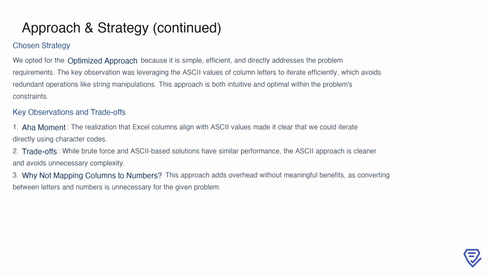While the brute force and ASCII-based approaches have similar performance in terms of time complexity, the ASCII-based solution stands out for its clarity and reduced overhead. Mapping columns to numbers was ultimately discarded because it introduces additional steps without offering any tangible improvement. This makes the ASCII-based optimized approach the most practical and elegant solution for this problem.